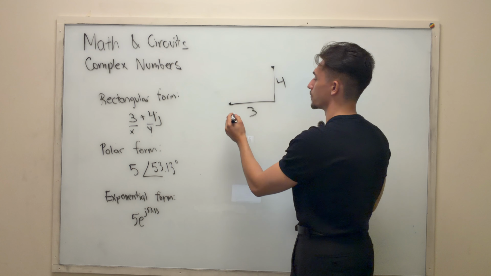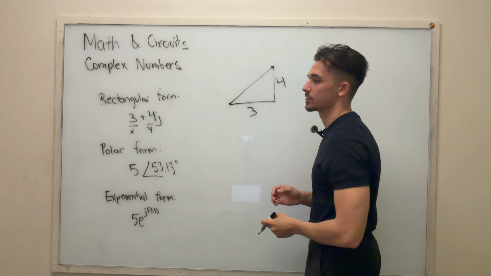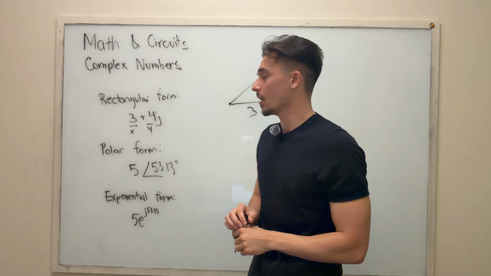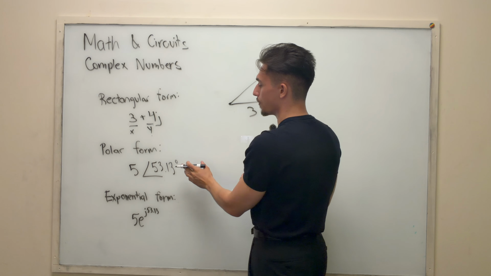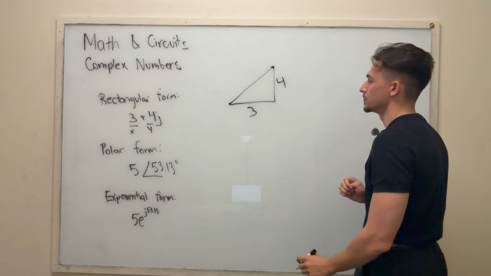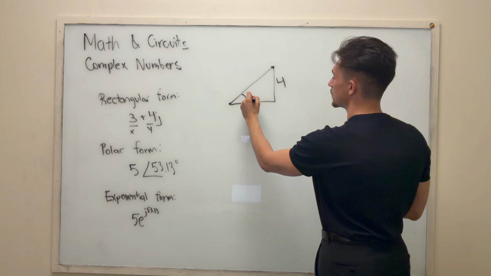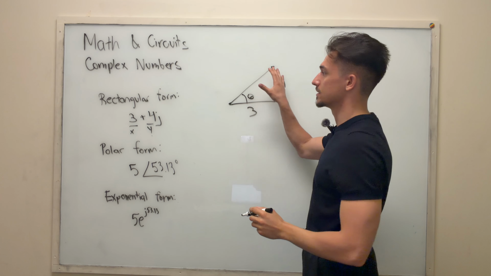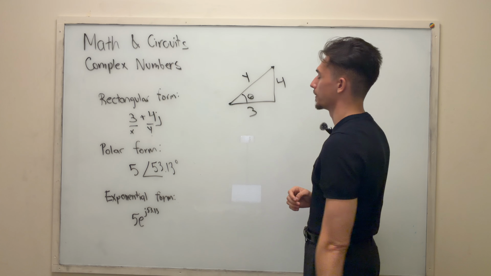So for polar form, we're going directly from here to here, which is a much more efficient way of going about it. To convert rectangular form to polar form, you need this angle, which is the direction you'll be facing to get from point A to point B, and you also need this distance, so let's call it y.